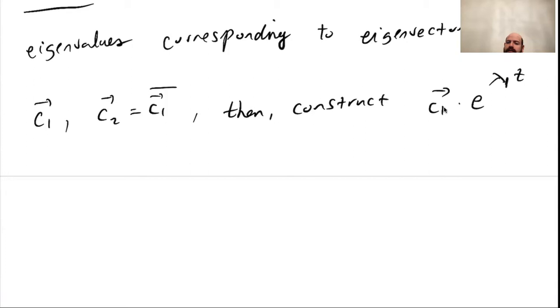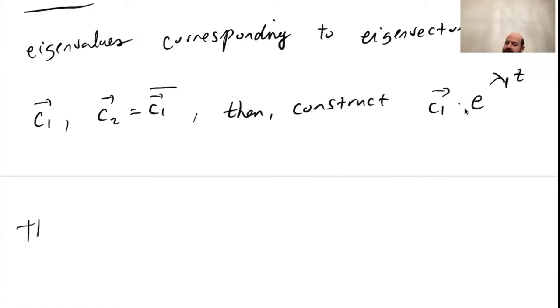Now C1 is a vector that has some real part and imaginary part. Lambda 1 also has some real part and imaginary part. So overall, this is a complex valued function. If you take its real part and imaginary part, you can call them y1 and y2, and those will be your two linearly independent solutions for your system.